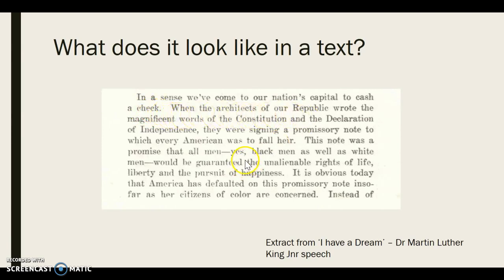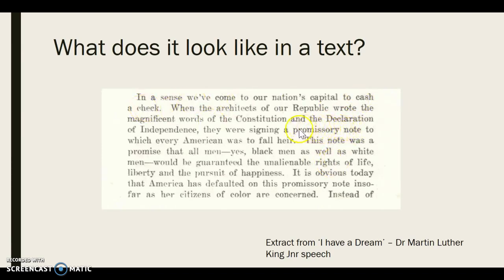When the architects of our republic wrote the magnificent words of the Constitution and the Declaration of Independence, they were signing a promissory note. Promissory note just here is, again, a monetary term. A promissory note is a promise to pay. So this is a lexical chain that goes with to cash a cheque.